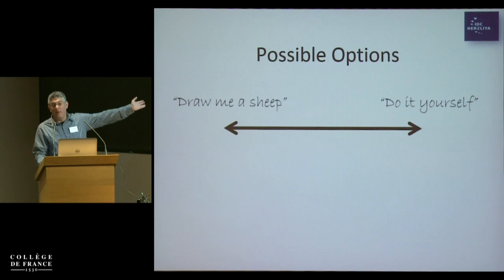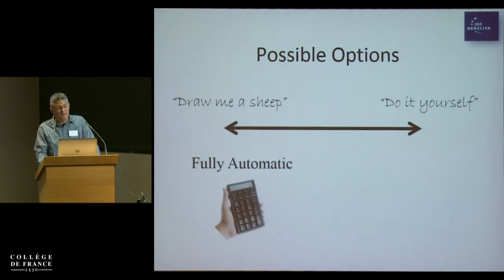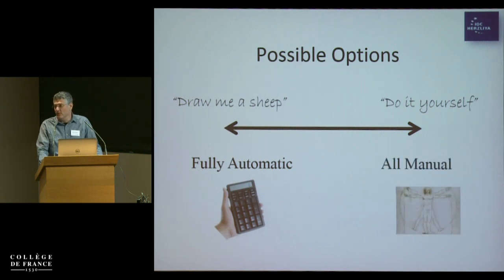Either "draw me a sheep", basically tell the computer to do it, and it will do it for us. And this is a fully automatic method. And do it yourself is basically all manual, so we do it ourselves. We don't consult the computer anyhow. What I'm going to talk about is really the middle place here, using the computer as a tool to create stuff.